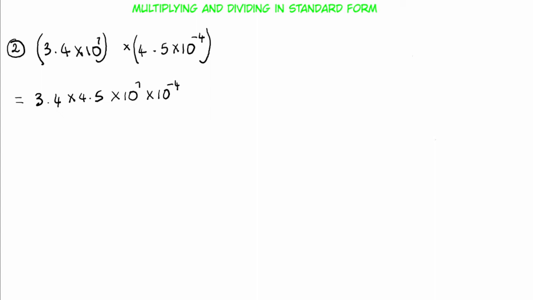Now, we've grouped the index and the non-index parts, so we're going to go ahead and multiply. How are we going to multiply? We're going to say 3.4 times 4.5, and we're going to say 10 to the 7th times 10 to the negative 4th power. Remember, when we're multiplying these, we're adding the indices, so watch out for this negative sign.